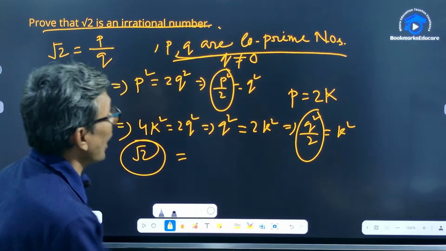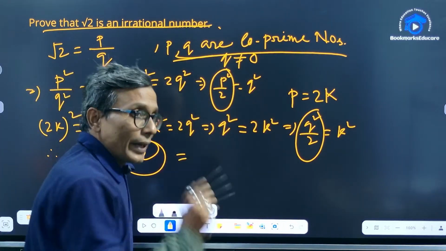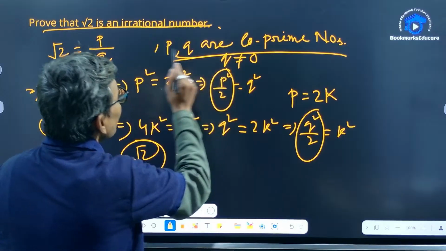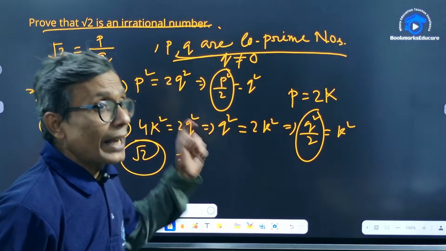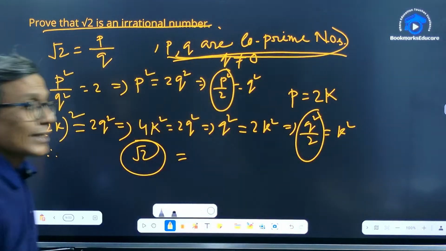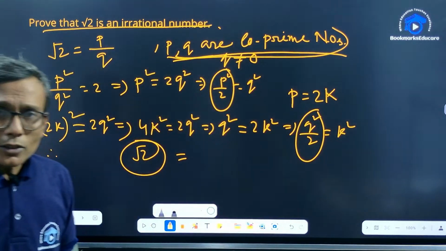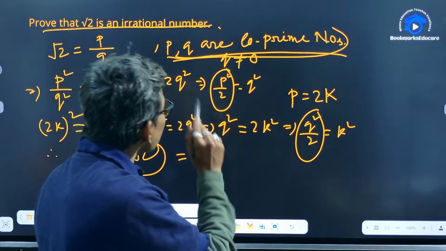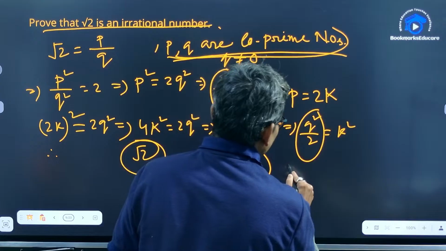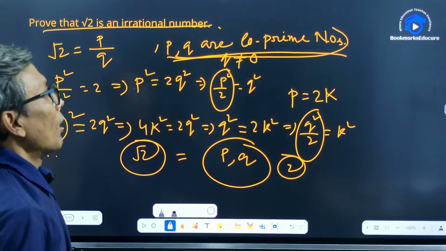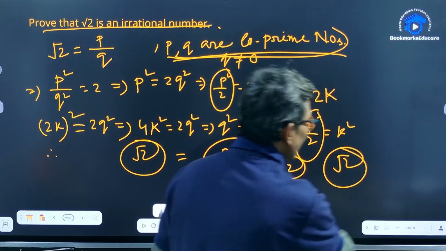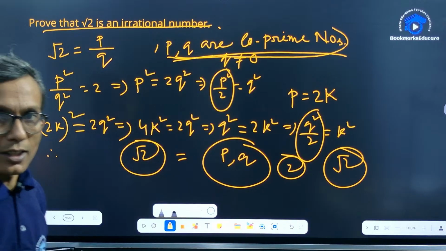So that contradicts our assumption. We have proved that p and q have a common factor other than 1, that is 2. So our assumption is wrong. Okay, so root 2 is an irrational number.